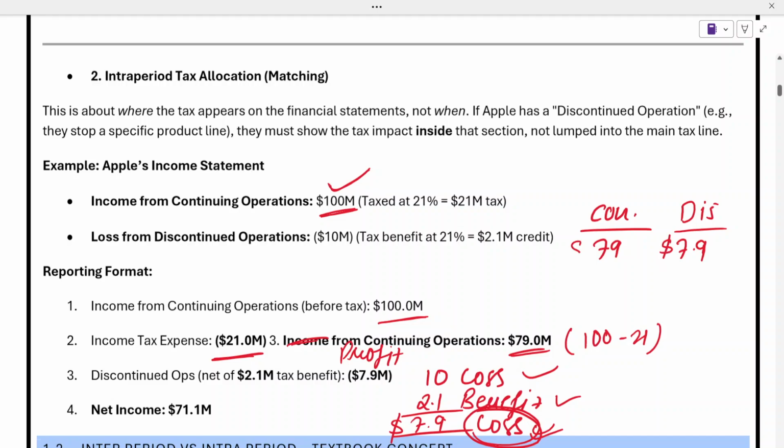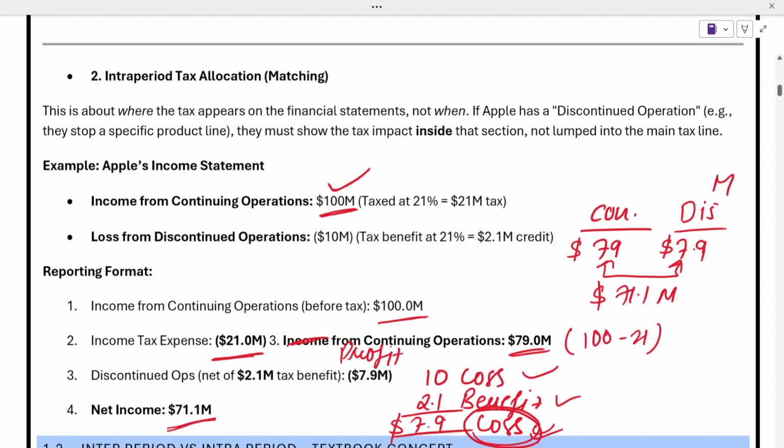These numbers are in millions. So what is your final income? If someone asks, you will say the net amount of both of them will be my final income, which is 71.1 million, and these numbers are in dollars. So finally your net income will be 71.1 million.